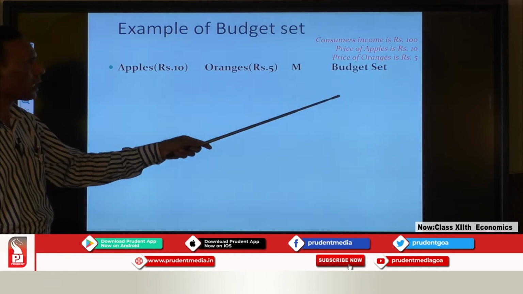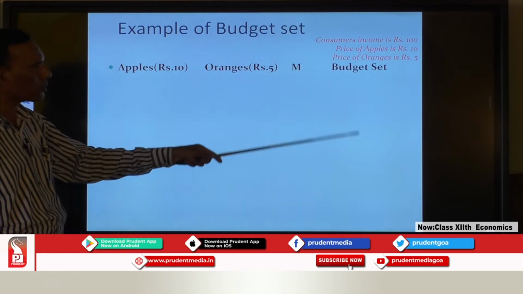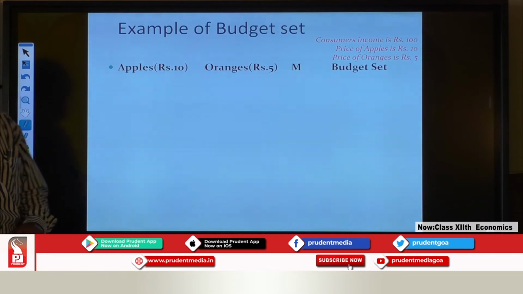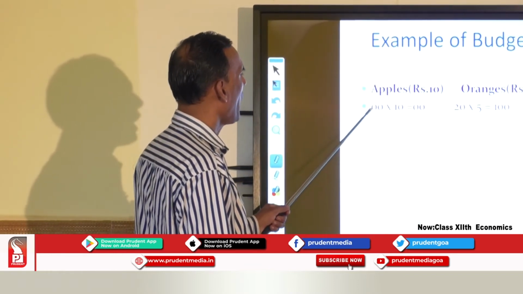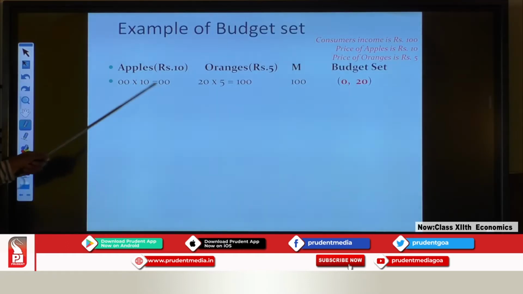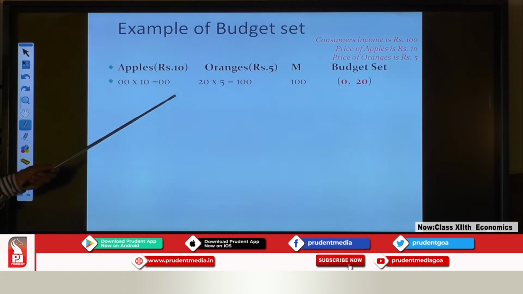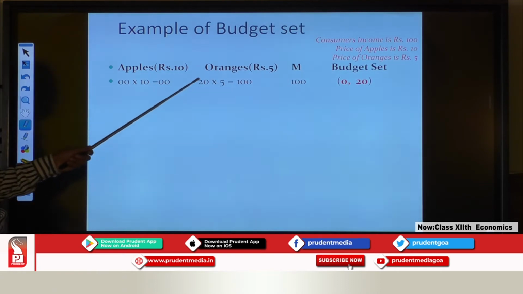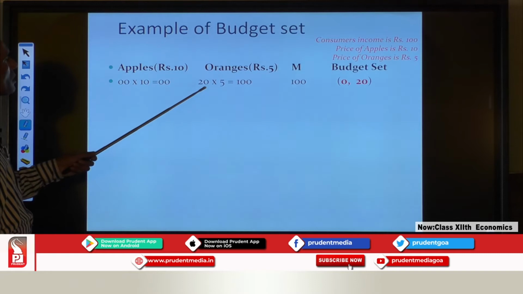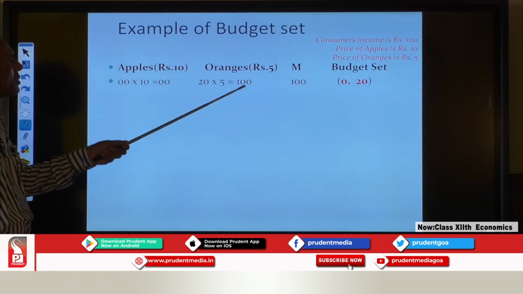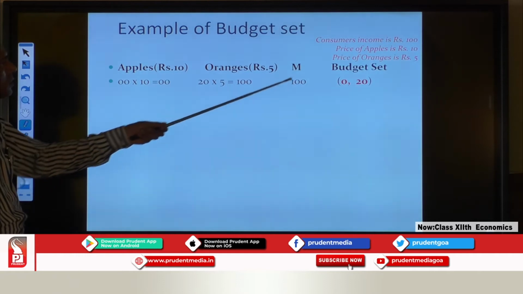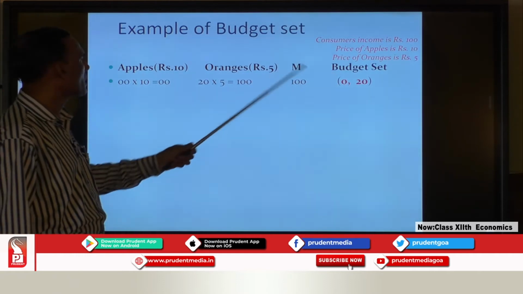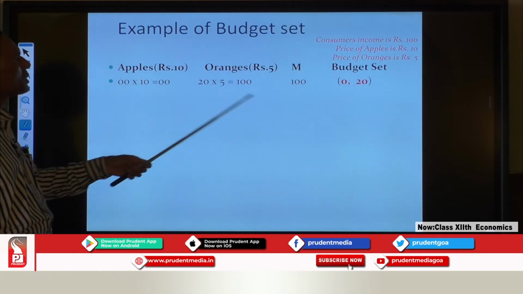M represents the income of the consumer, and here I am going to write down the values of the budget set. I am buying only oranges, so no apples, so it will give 0. I am buying 20 oranges costing 5 rupees each, so 20 into 5 will give 100. Your income is 100, so the budget set is 0 and 20.